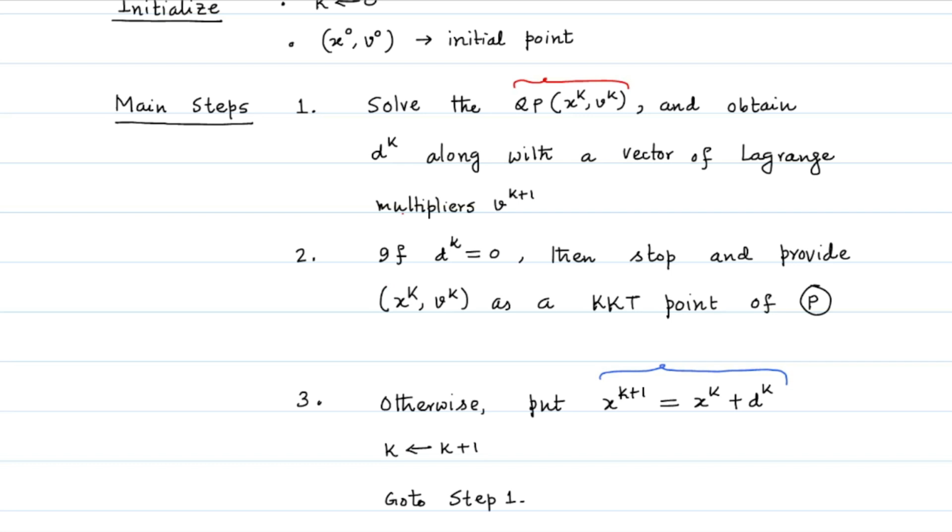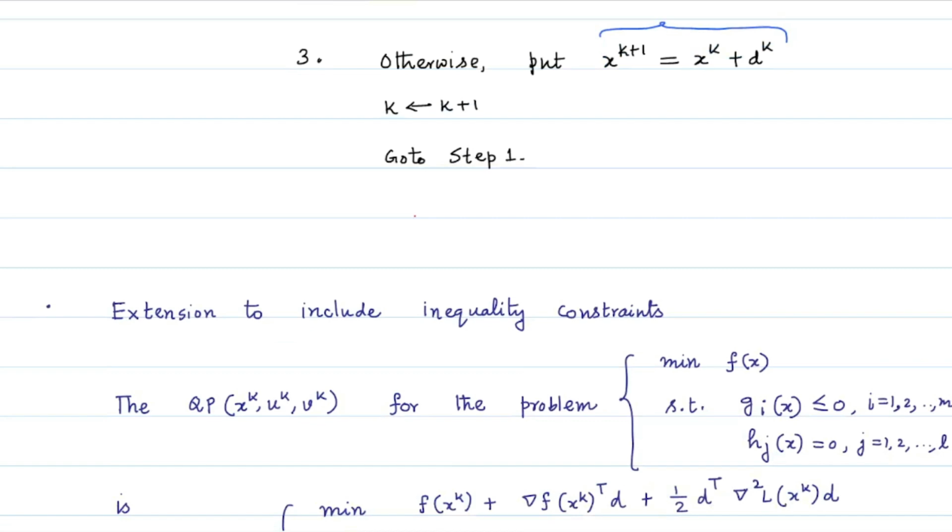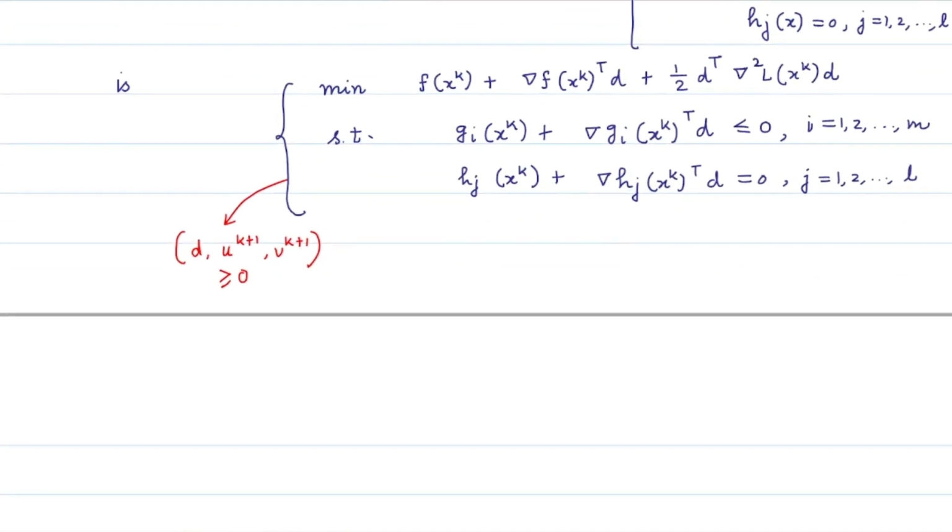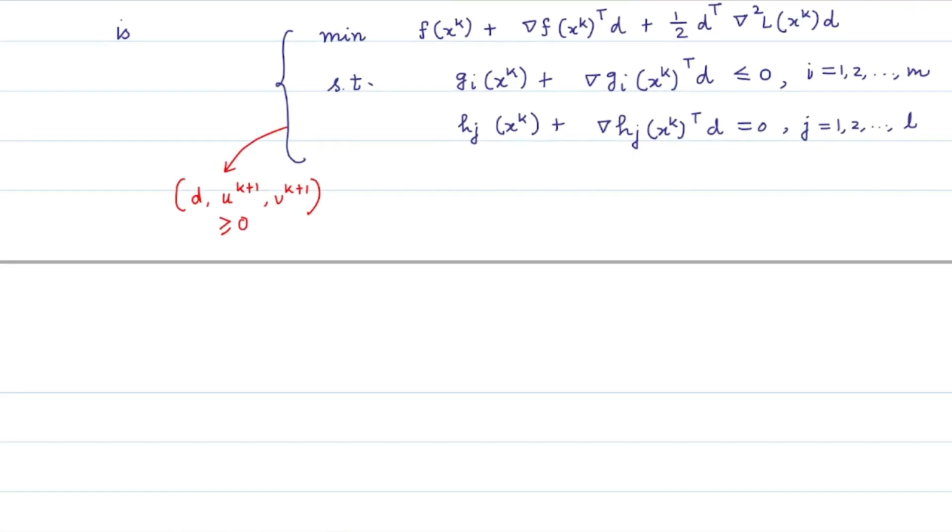Fine. Now let me give one example. I have mentioned earlier that although we have a benefit of solving this minimization problem instead of solving the system 4, there is a crucial drawback: this minimization problem may be unbounded or may have an empty feasible region.